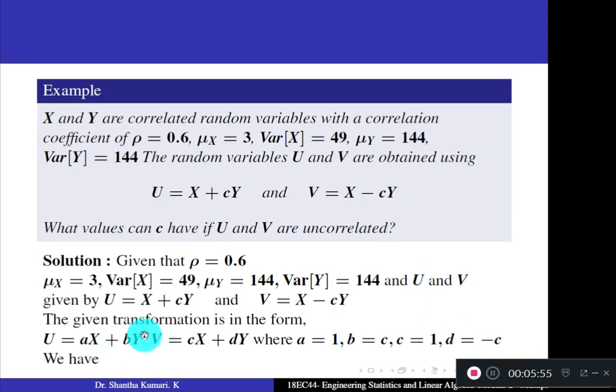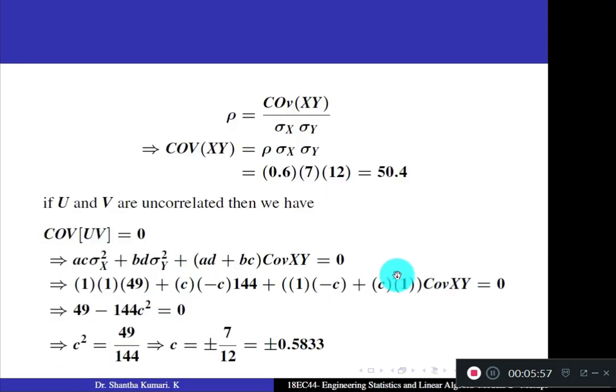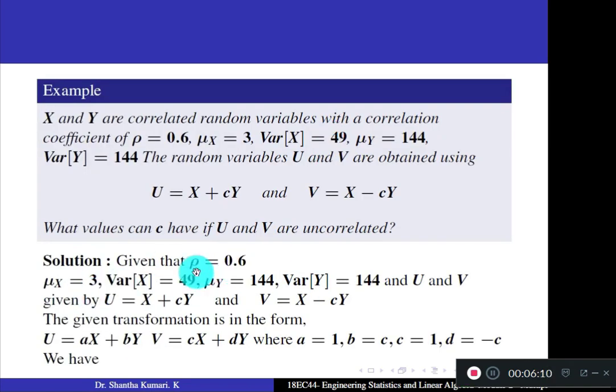Now we have rho equal to covariance of xy divided by sigma x sigma y. But in this problem rho is given, and sigma x and sigma y are given. Rho is given to you as 0.6. Sigma x means standard deviation, so the square root of variance of x is nothing but sigma x. It is given.